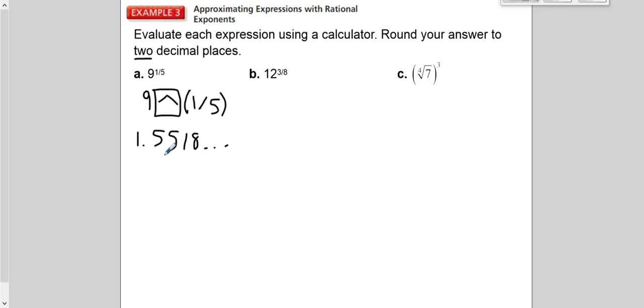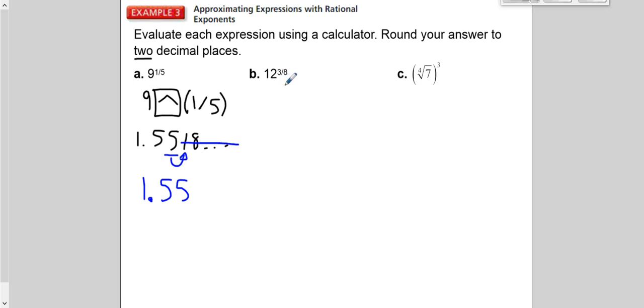We look only at the digit just to the right of the place value we're rounding to, not the 8. If this number is below 5, we just get rid of it, and our answer is 1.55. If that place value was 5 or bigger, then this 5 would have gone up to a 6. So final answer, 1.55. You have to round correctly.